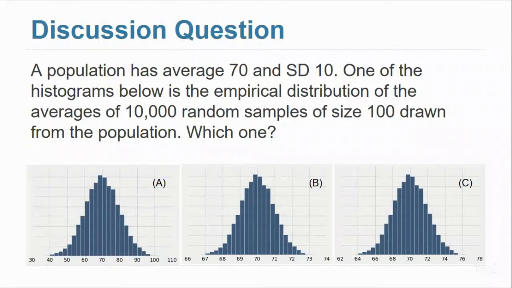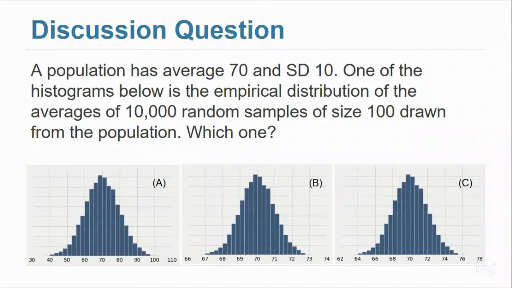We expect the sample averages to have standard deviation equal to the standard deviation for the population divided by the square root of the sample size. And here, the sample size is 100, the square root of 100 is 10, so the standard deviation of the sample averages should be 10 over 10, or 1.